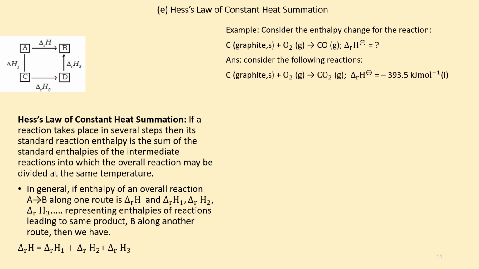Carbon, graphite in solid state, combines with oxygen in gaseous state to form CO2 in gaseous state, whose delta rH° is minus 393.5 kilojoules per mole. Let it be equation 1.